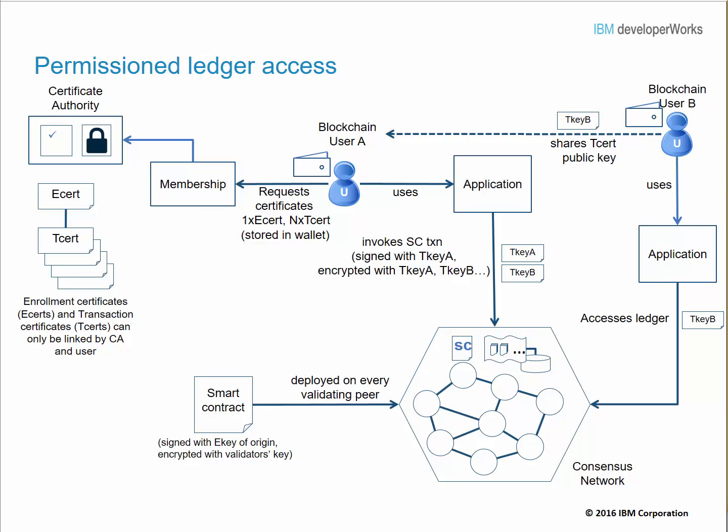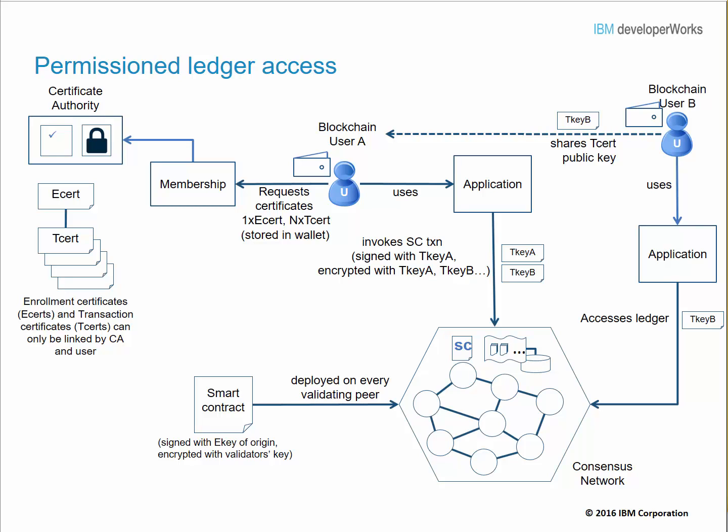What we're showing here in our diagram is that smart contracts can be encrypted. The reason for encrypting them, again, is because they are stored on the ledger, and by encrypting them with validator keys, we're able to only decrypt them at runtime.